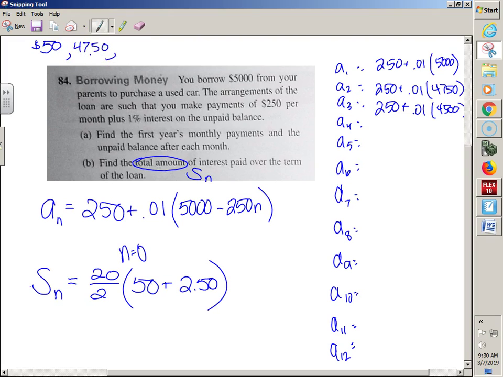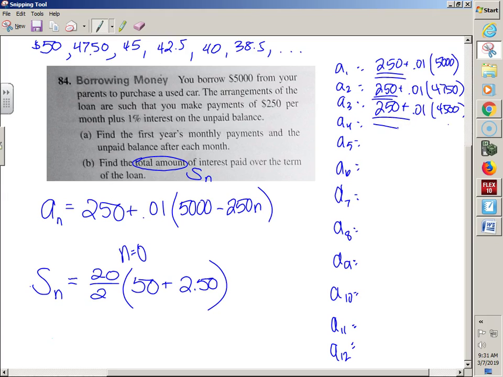What was your interest the next month? I'm just taking 1%, moving the decimal two places, right? 45. Next one, 42.50. Next one, 40. Next one, 38.50. Is this arithmetic? Minus 250, minus 250, minus 250. Why? Because what are you paying? 250. Ah, so it is arithmetic.